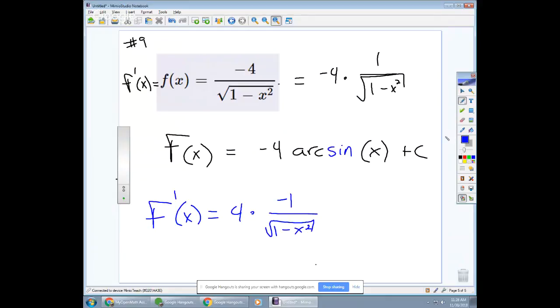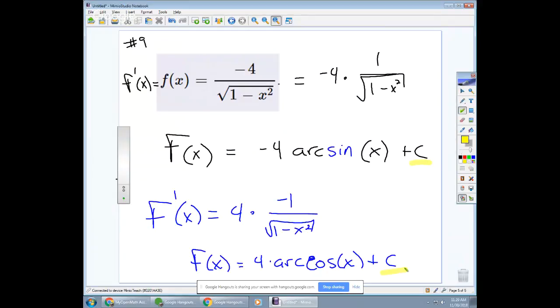Another answer based on this over here is that f of x could be +4 times the arc cosine of x plus c. So how do we decide which one it is? Well, here's the deal. Based on the mean value theorem, one of the consequences of that was that if two functions have the same derivative, those functions must differ by a constant.